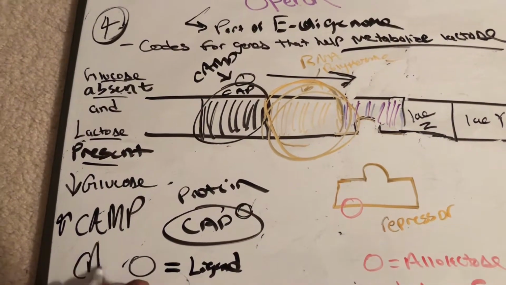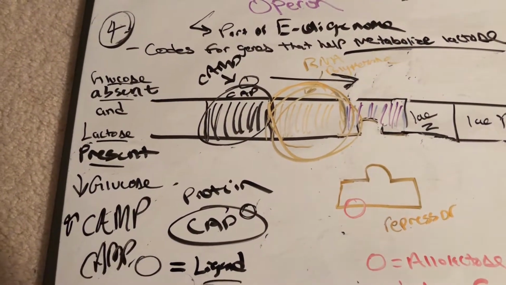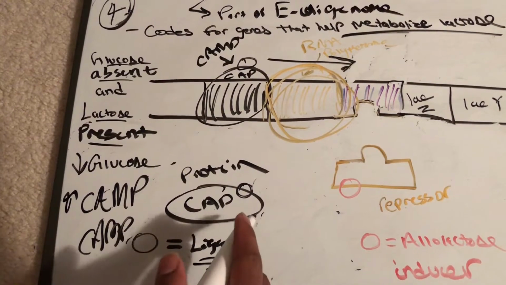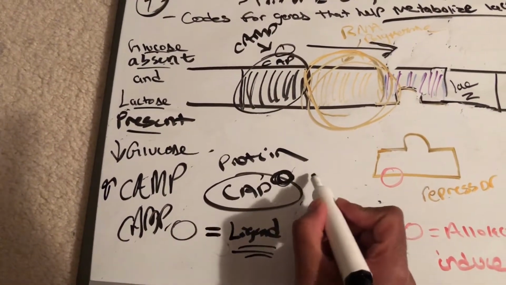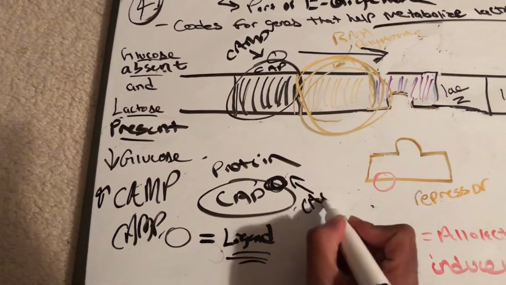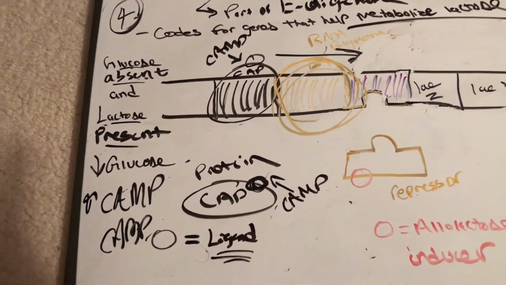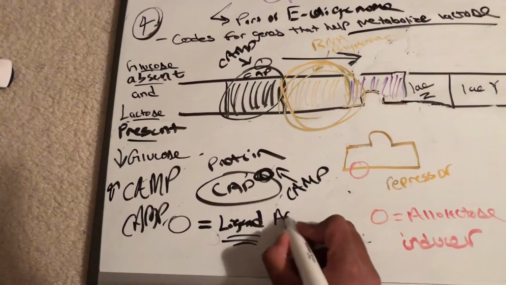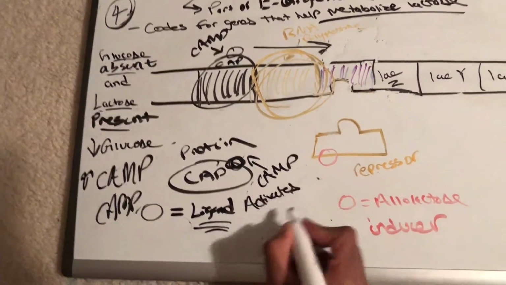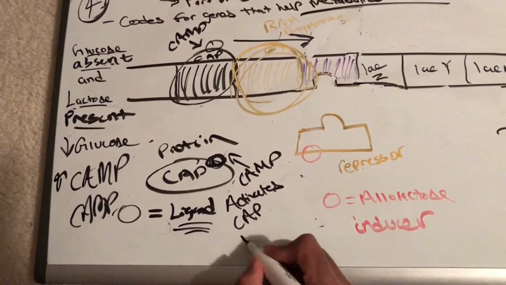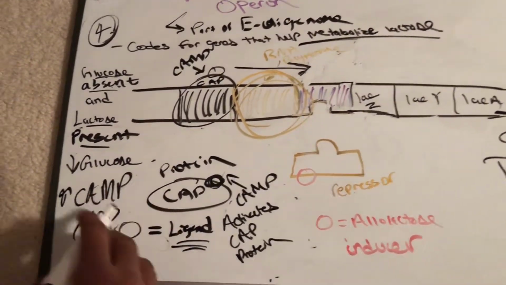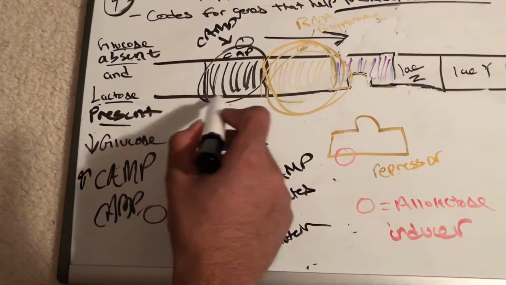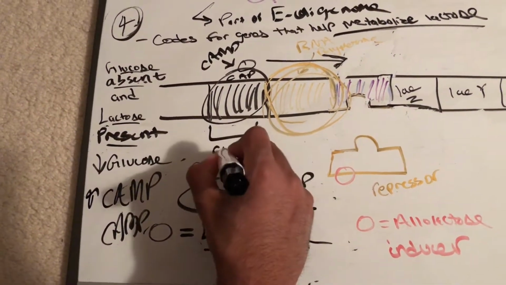And this is your ligand molecule in this situation, which is just a molecule that binds to your protein. So this is your protein binding site, and your cAMP comes in and binds to the CAP protein. This activates the CAP protein, and what that allows is the CAP protein can come and join to the CAP site.